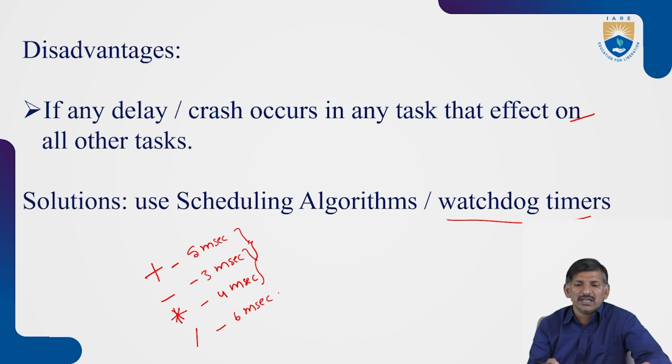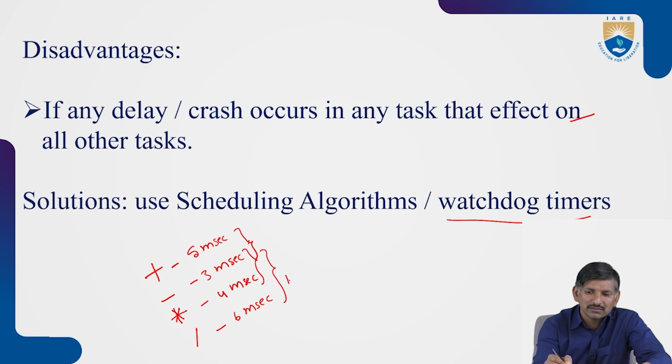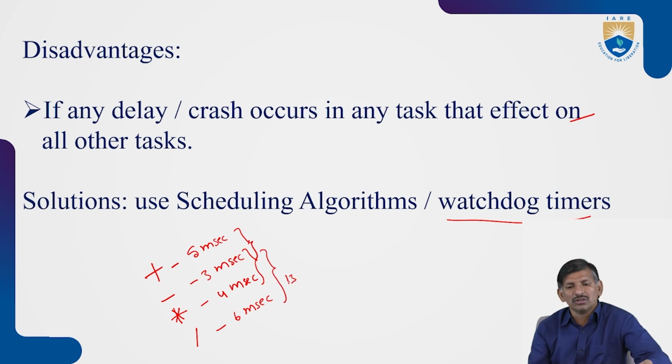Again, if I want to do the addition operation, I need to wait 13 milliseconds. So like this, as the number of tasks increases, the waiting time to do a particular operation increases. So this is one of the limitations of super loop based design.